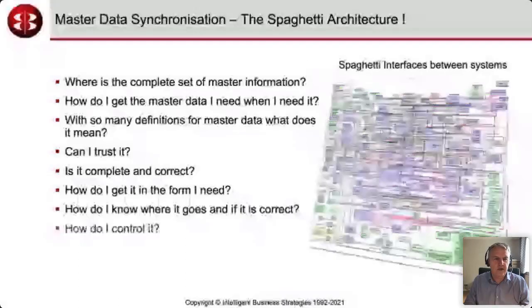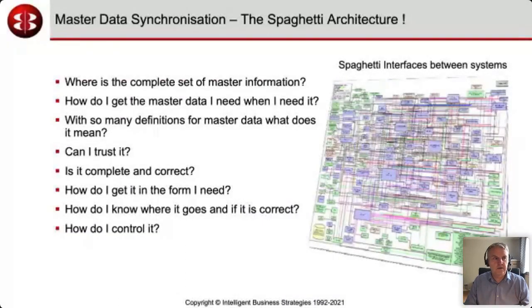And then you have to ask yourself the questions: well, who's got the right version of the master data? Which version is trusted? Is there any trusted version of this data anywhere in the enterprise? And how do I know when it was last refreshed? Where was it last refreshed? How do I know if I can trust it?